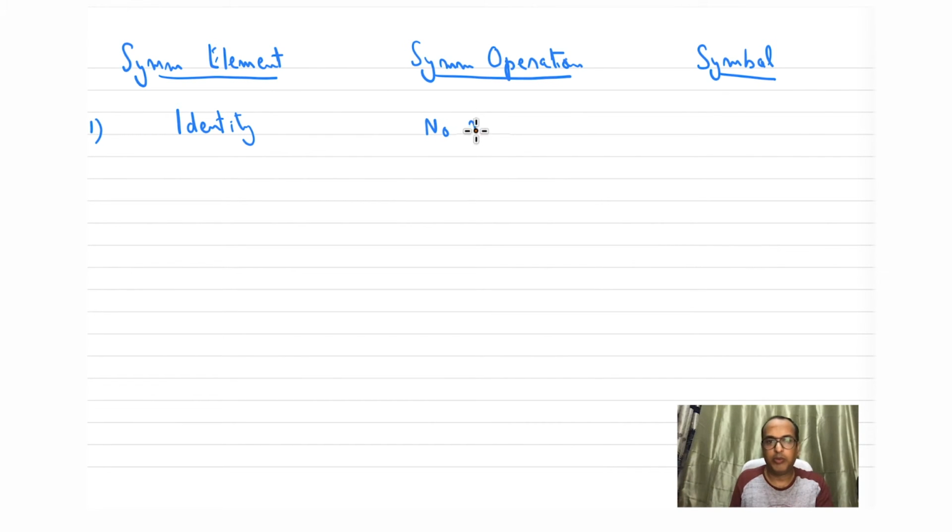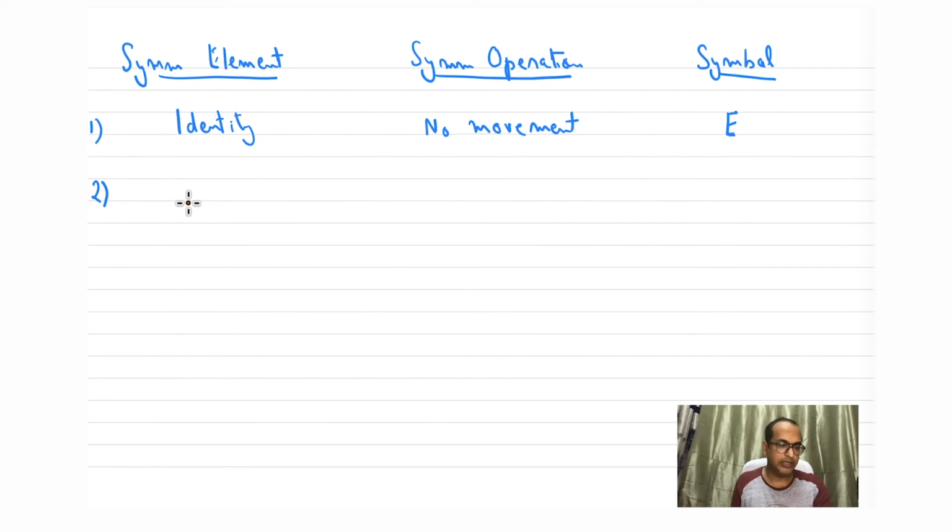So you do not move the molecule in this case. If you do not move, the molecule will always be in an equivalent position to itself, right? So the symbol corresponding to this is E, capital E, uppercase E. So identity operation and identity symmetry element.